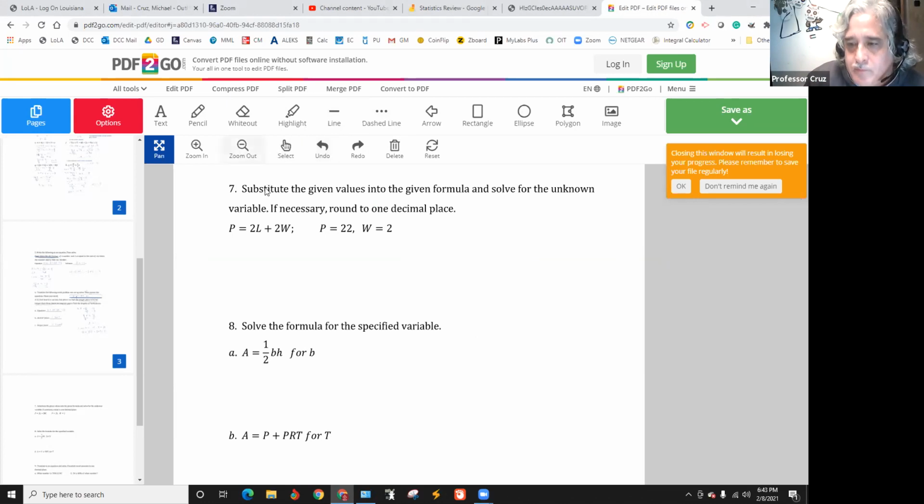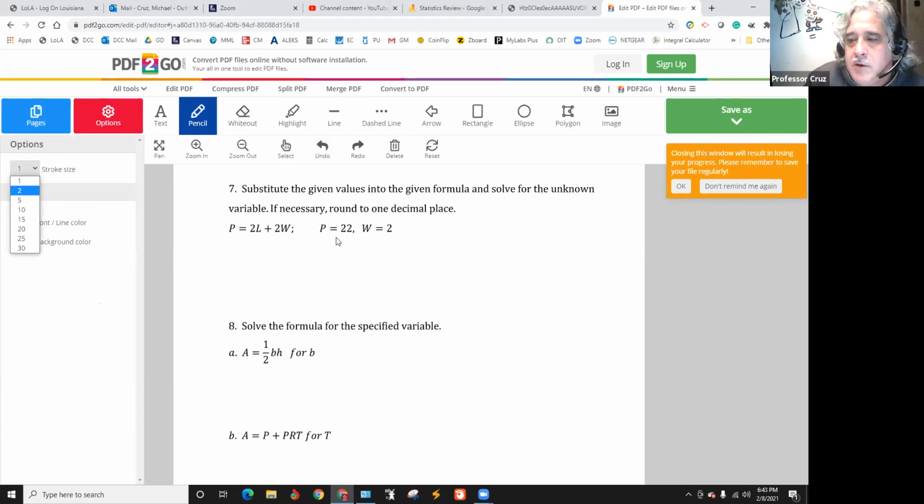All right, this one is just a substitution problem. They give you these two pieces of information, so just plug it in. That means the P is 22. We don't know what L is, and that's what we're going to solve for. And then we have 2 times W, which is 2.